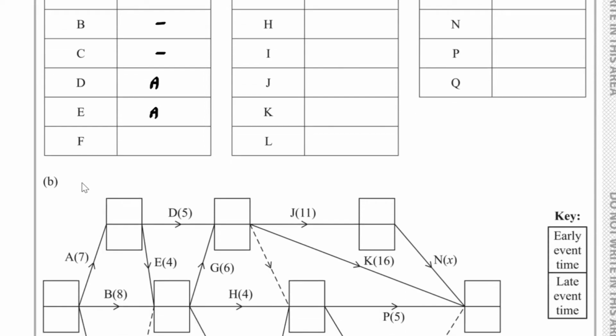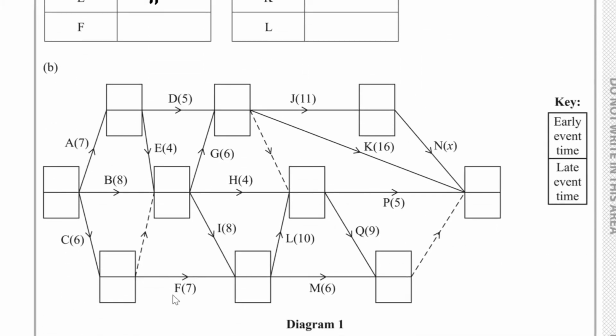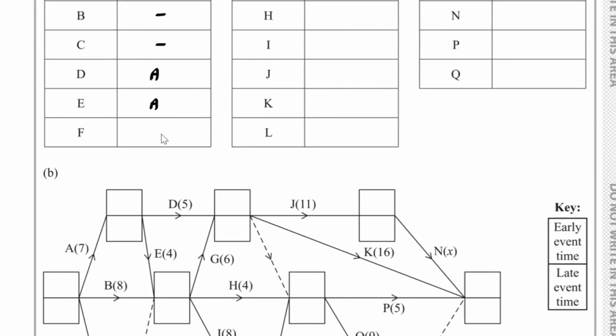If we take a look at activity F, which is here, this relies on C only. Look at the direction of the arrows. F depends on C only.